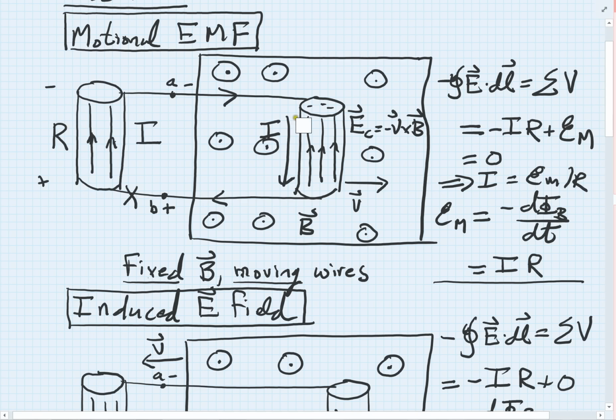If we think of this current I flowing downwards, and we use our right-hand rule to determine the magnetic force on such a current, you would have your fingers oriented down the page along I, in a way in which you could curl your fingers upwards towards that magnetic field, and you would see that the magnetic force points off to the left, so that IL cross B points to the left. That sense of current flow then produces a force that tries to slow down this motion, so that to maintain it and continue to get this power, we have to put work into the system.